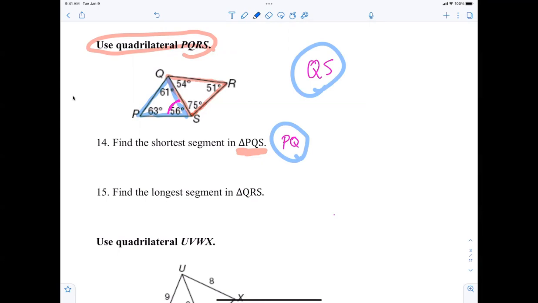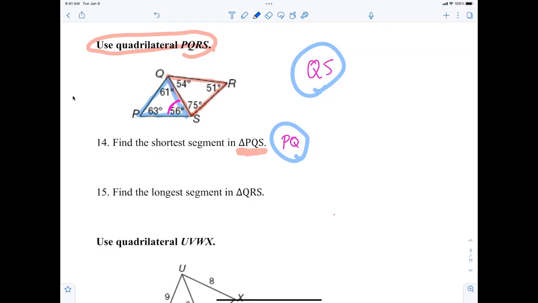I'm not understanding why you guys aren't seeing this. If I ask you about the red triangle, which one is the smallest? If I ask you about the blue, you would say what? PQ. Therefore, what's true about the relationship between PQ and QS? PQ is less, right?